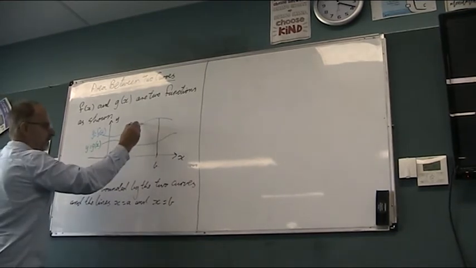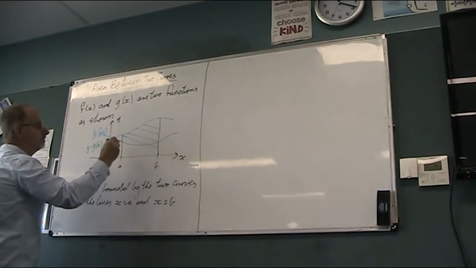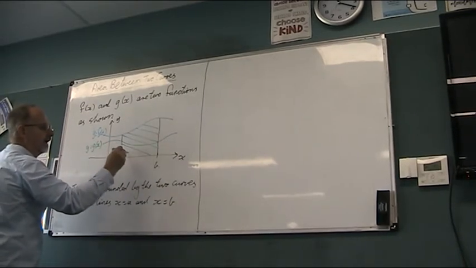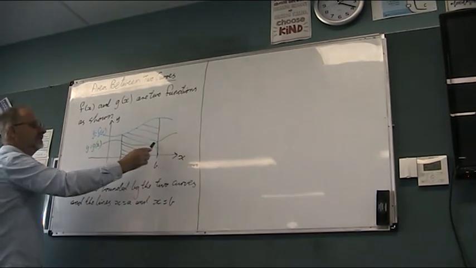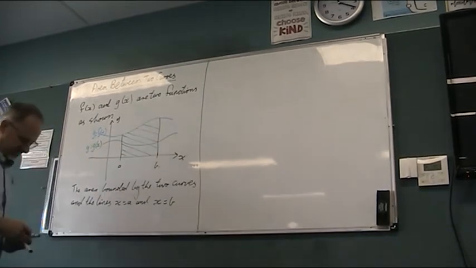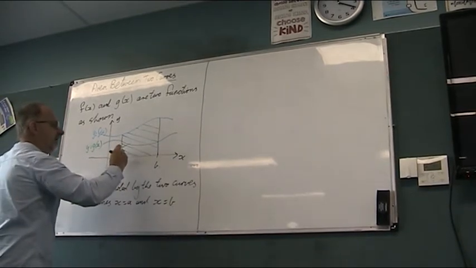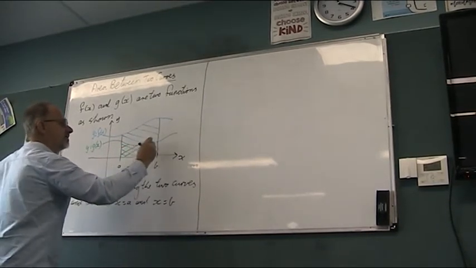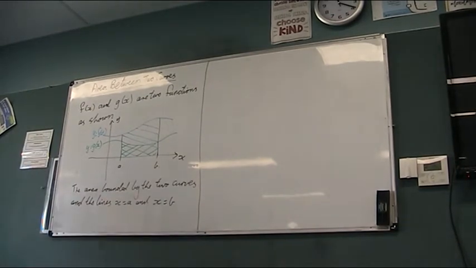So for us to get that area, what we do is we look at the area under f, and that goes all the way to the axis, but it's included this bit down here, which we don't want. We only want the bit up the top. So what we then need to do is find out what this area is, the one under g, and we need to then take that away.